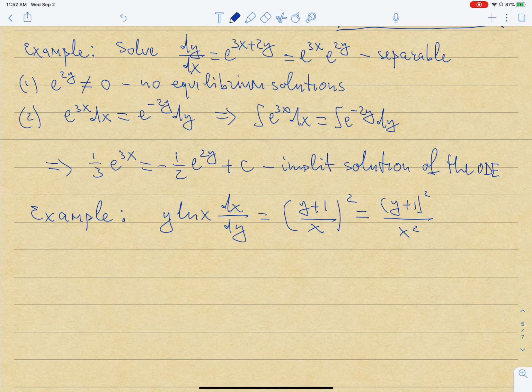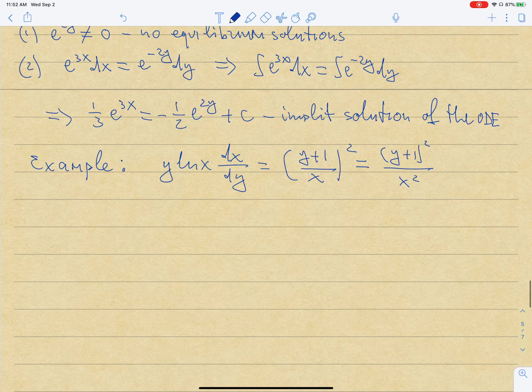And now I can try to separate variables. If I'm able to do it, then the equation is separable. So we'll move all y's to the right and all x's to the left. On the left, we'll have x squared ln x dx, and on the right, (y plus 1) squared divided by y, multiplied by dy.